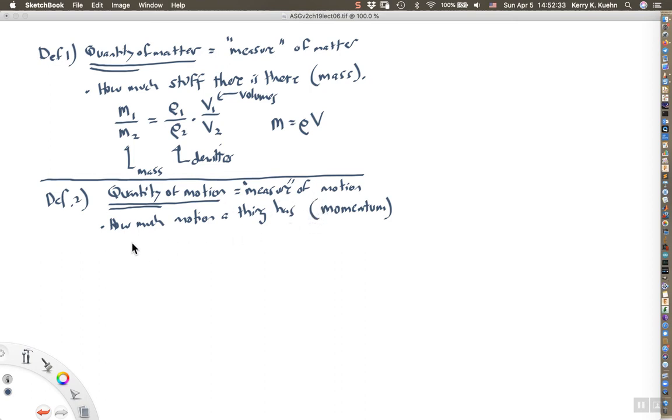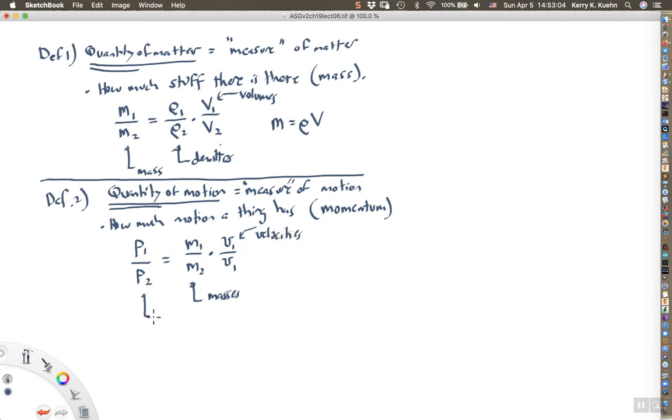And he says, how do you compare the quantity of motion, or the momentum, of two different objects? If we call the letter P the momentum, you can compare the momenta of two different objects by comparing their masses, or their quantities of matter, and their velocities. So the ratio of the masses of the objects and the velocities of the objects.